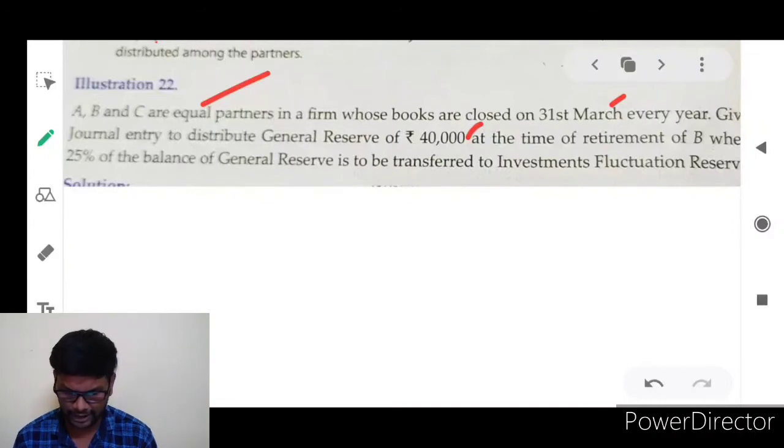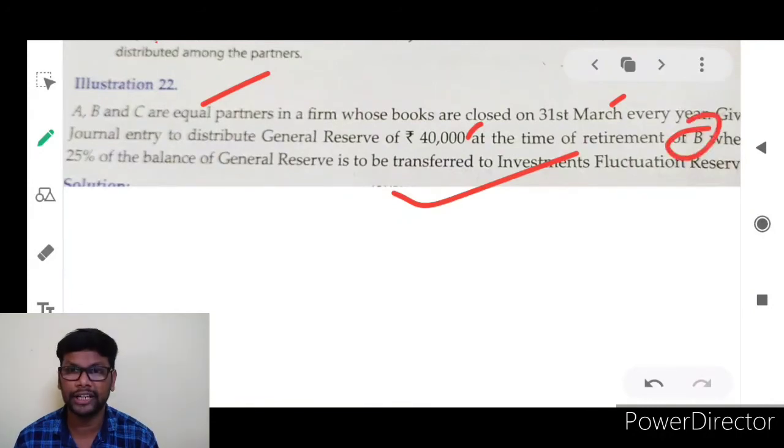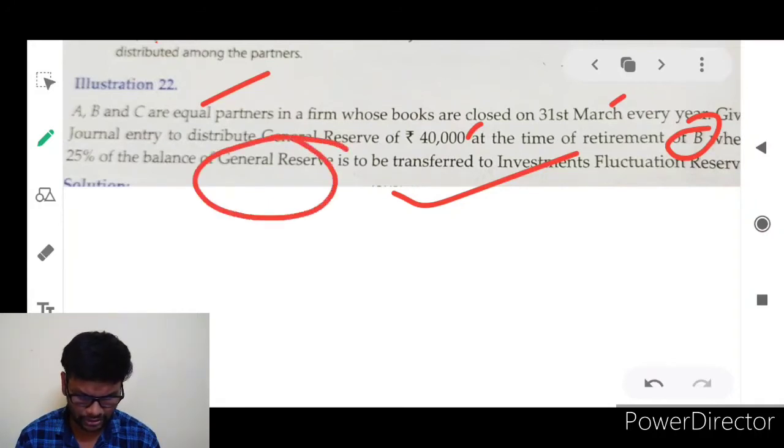At the time of retirement of B, 25% of the balance of general reserve is to be transferred to investment fluctuation reserve. B is the partner who is retiring from the firm. So at the time of B's retirement, 25% of general reserve is to be transferred to investment fluctuation reserve.